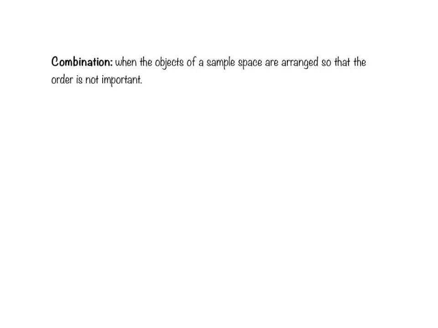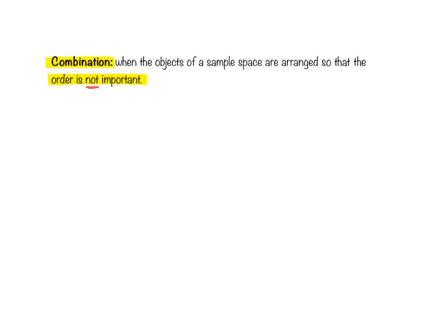Let's look at a combination. A combination is when objects in a sample space are arranged so that the order is not important. Notice that here, order is not important. Okay, let me go ahead and give you the formula for a combination.